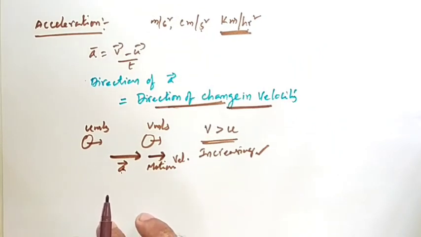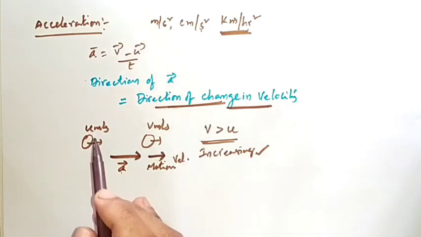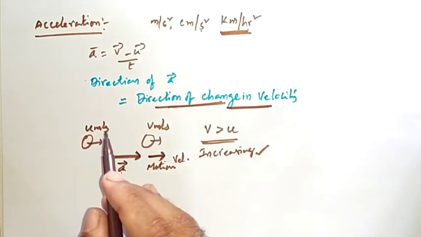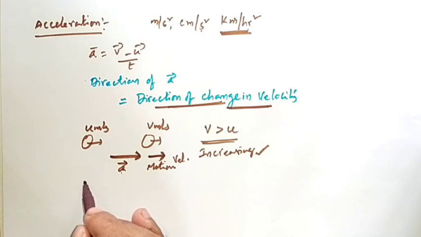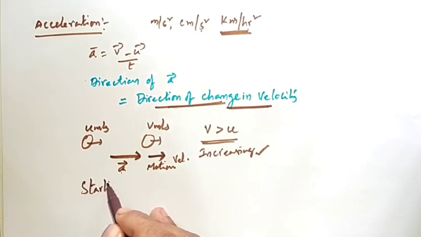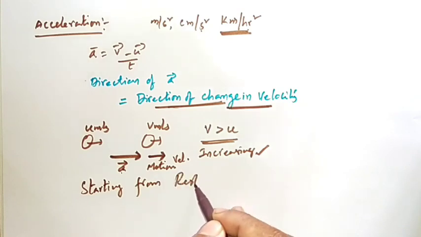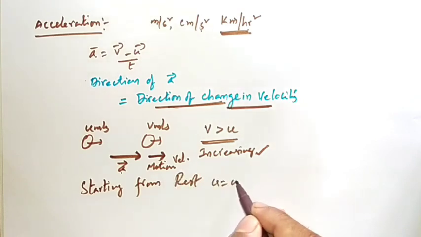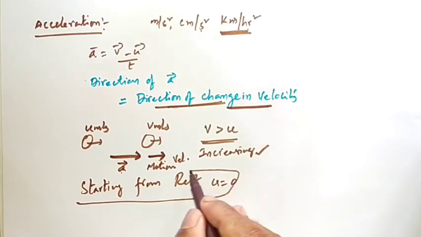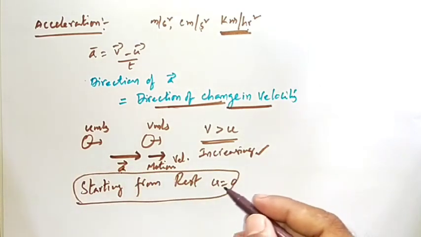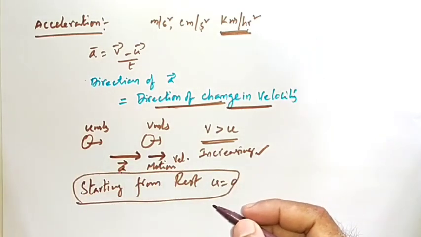When you are starting your car in a straight line, its velocity is 0. Yes or no? When a body is starting from rest, its initial velocity is 0. Remember that, because before you start, it has no velocity.